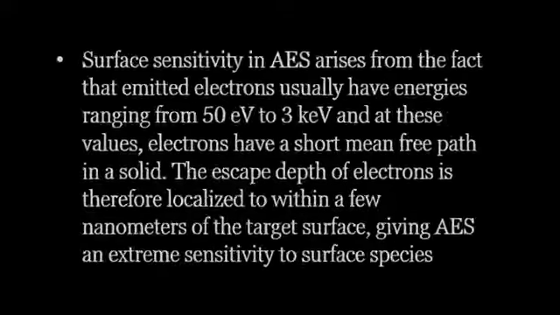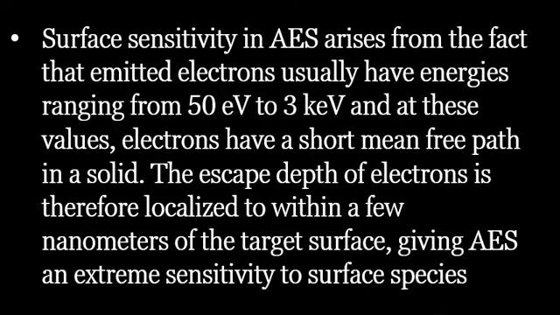Auger electron spectroscopy is very surface sensitive because the Auger electron has energy in the range of 50 electron volt to 3 kilo electron volt. This means that due to this energy range, the Auger electron has a shorter mean free path, which means the distance between collisions for an average Auger electron is very short.